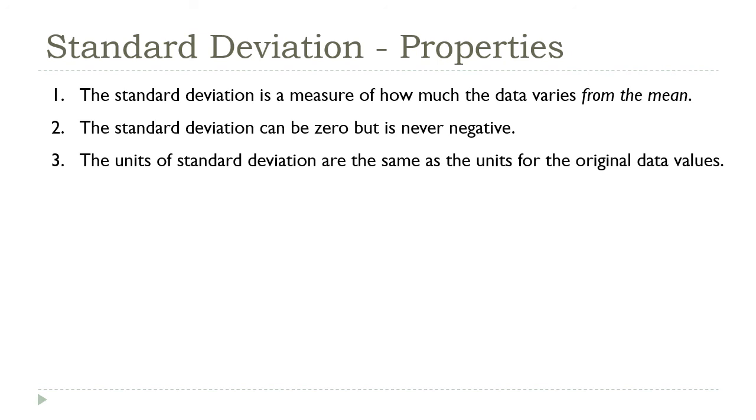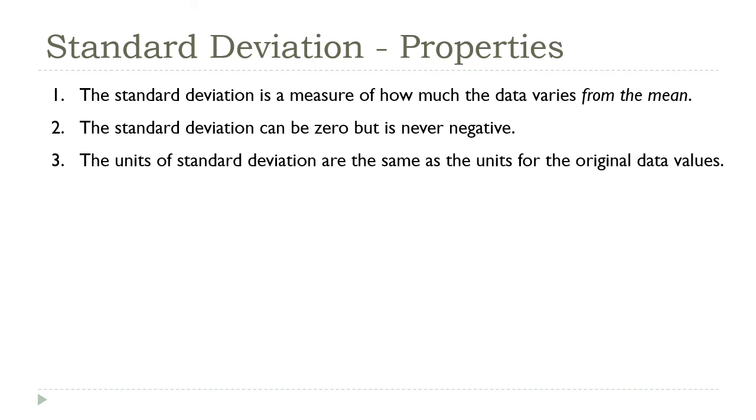First, the standard deviation is a measure of how spread out the data is from that central point, and that central point is going to be the mean. You saw that in the formula, the x minus x bar part. That expression gives you the distance between the mean and every data value.